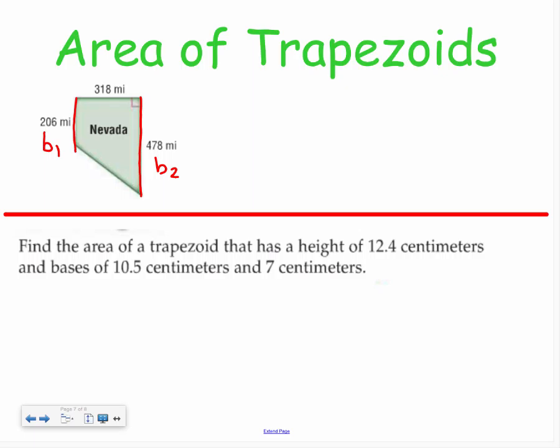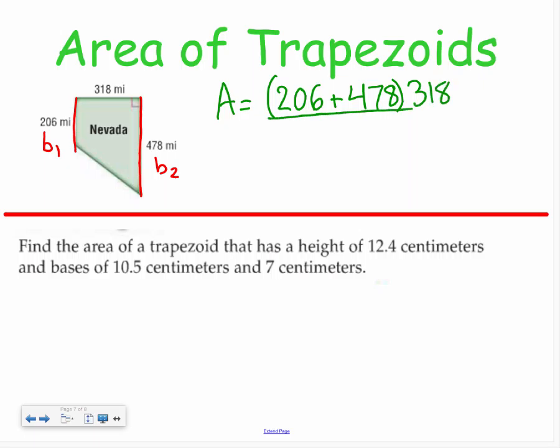Again, just like with the triangle and the parallelogram, you need to show your work for your initial formula. So the area is base 1 of 206 plus base 2, which is 478. You are going to multiply that by the height, which is 318, and divide by 2.